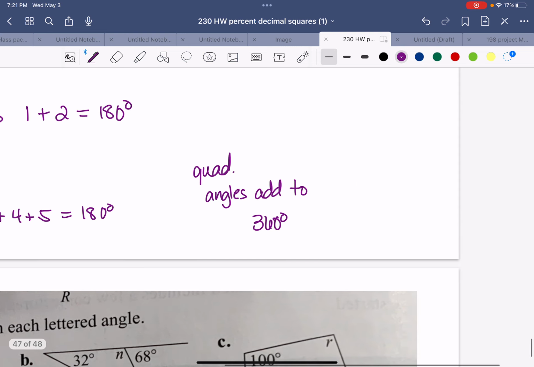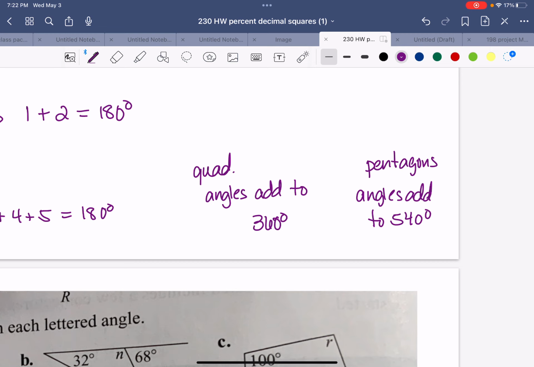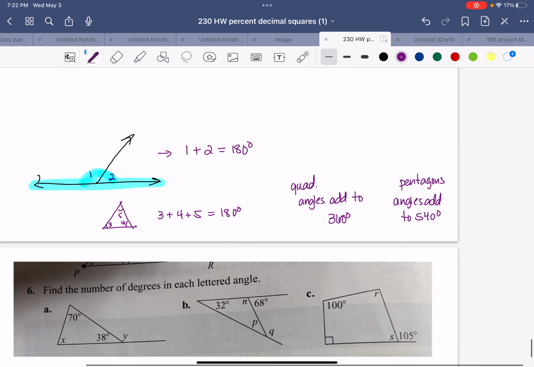Okay. And every time you go up a side, so from 4 sides to 5 sides, I would add 180 degrees. So the ones on the last homework that were pentagons, the angles add to 540, right? Add another 180 to the 360 and you get 540, okay? So those are the things that we're going to be using here.